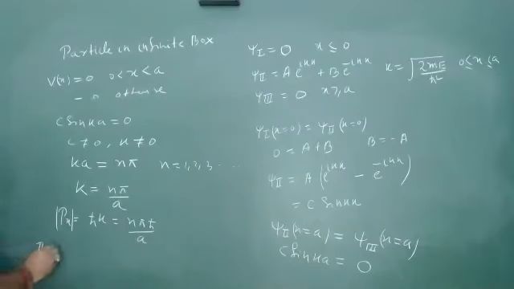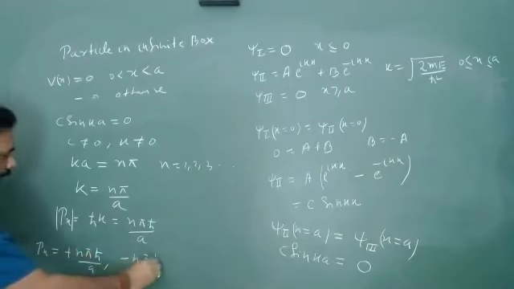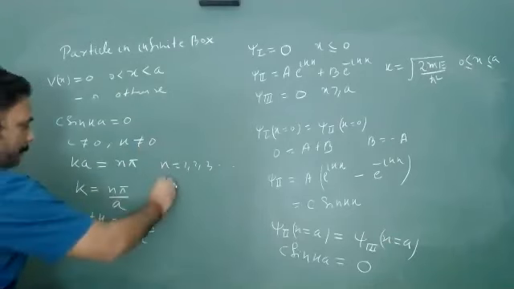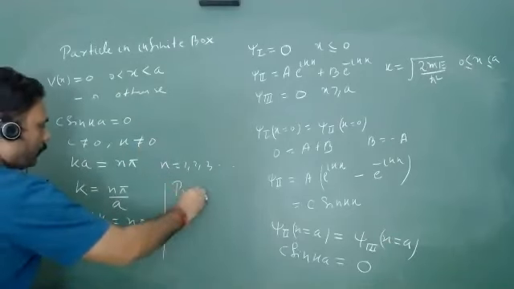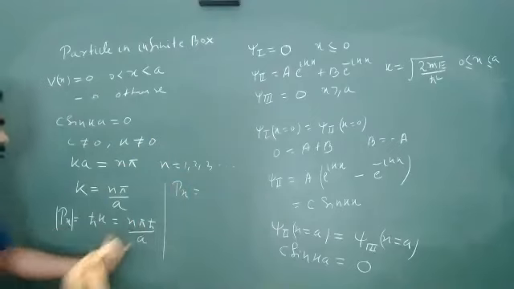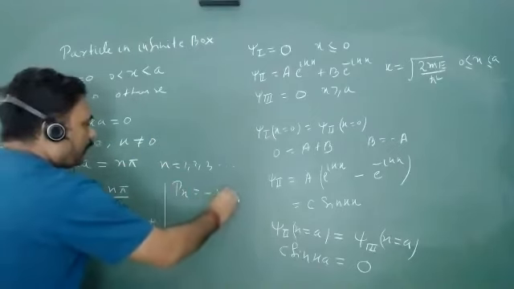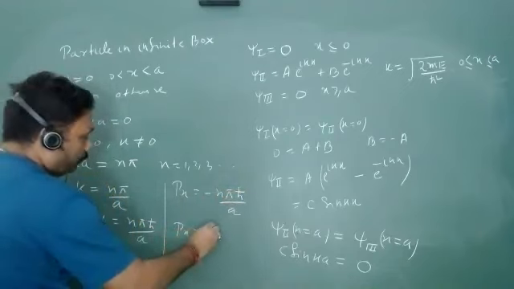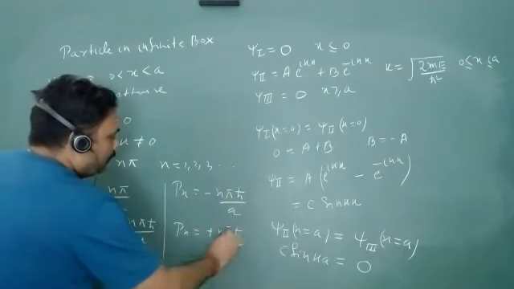Possible momentum p x can be plus n pi h cut upon a as well as minus n pi h cut upon a.